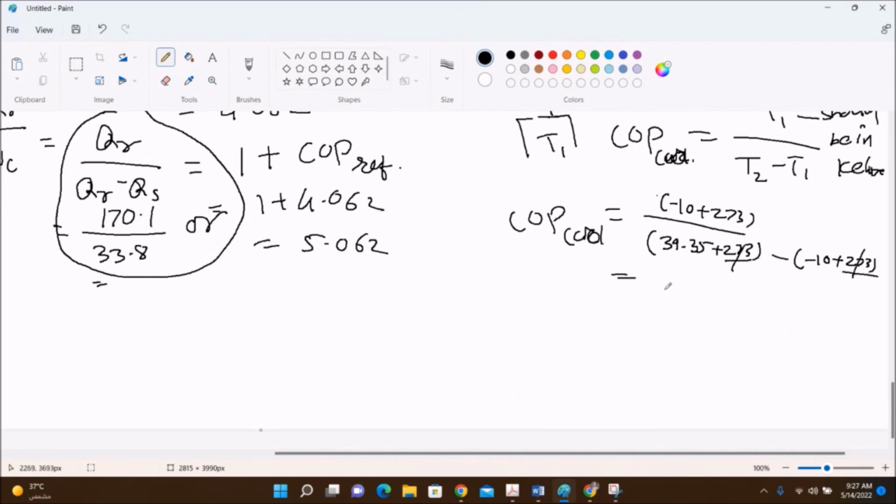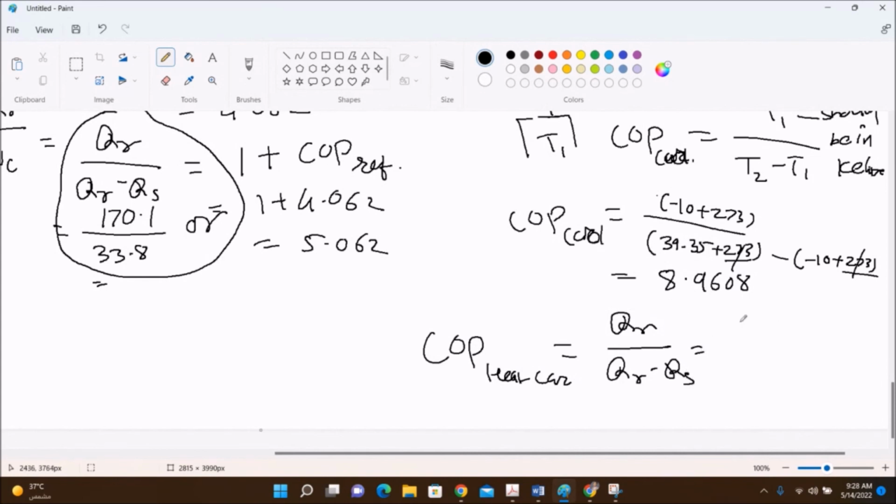Your answer will be, and COP of heat pump, COP of heating, Carnot heating. So the desired effect is heat rejected, QR, over WC. Heat rejected is at T2, over T2 minus T1.